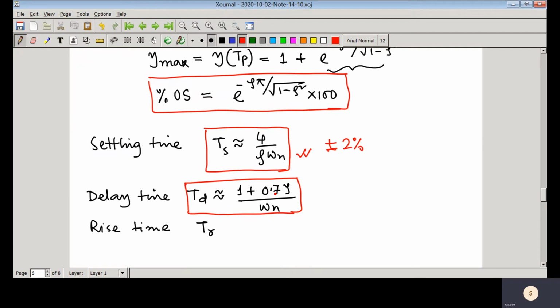Whenever zeta varies from 0 to 0.9, this relationship holds. In case of rise time, we follow the same technique, that is, 0.8 plus zeta divided by omega n.